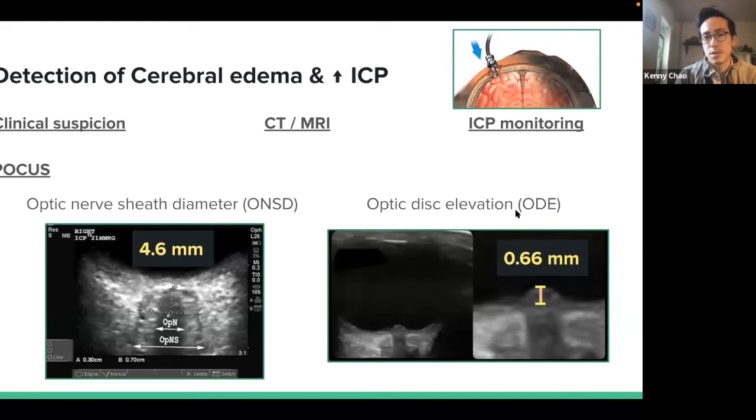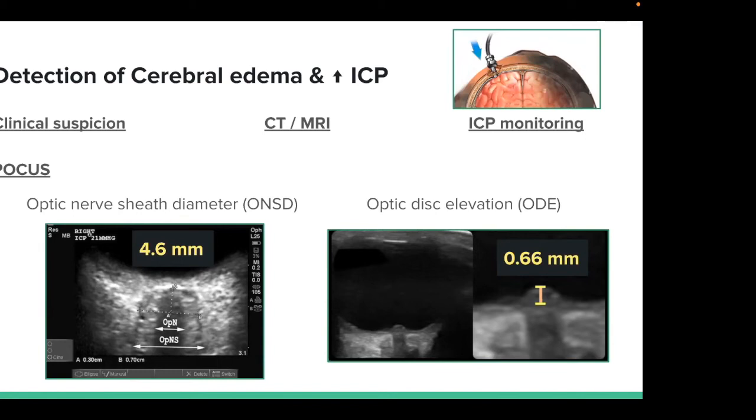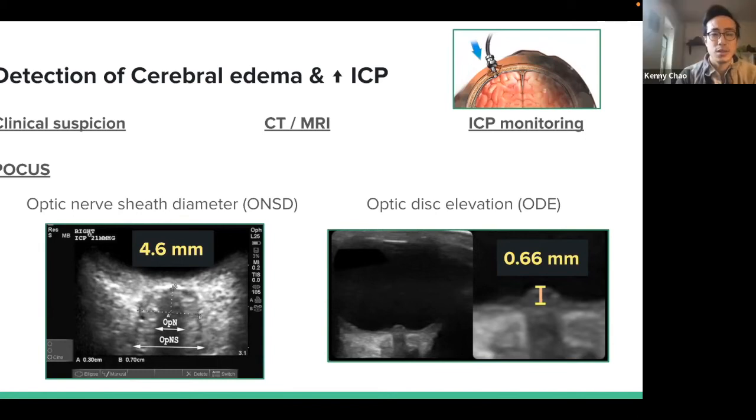So another option is to do an optic disc elevation. This was studied in the States, and they had a cutoff of 0.66. It had a higher sensitivity, 96%. And instead of hepatic encephalopathy, they tried to compare it with more objective findings of increased ICP, including LPs, ICP monitoring, and imaging.